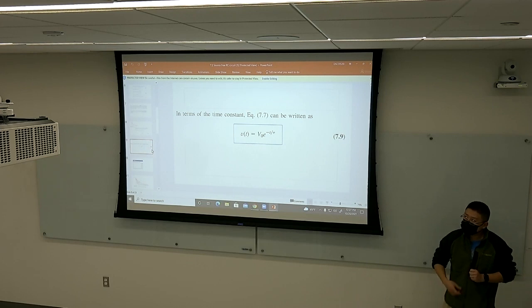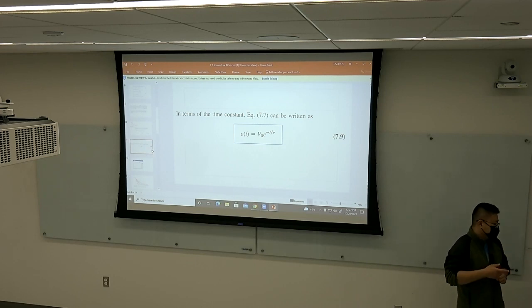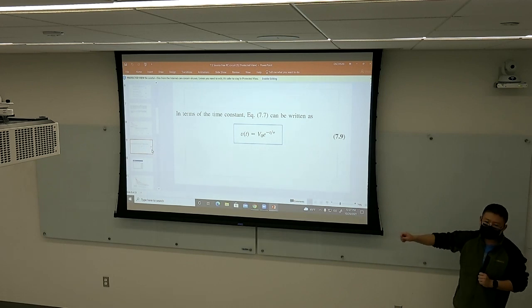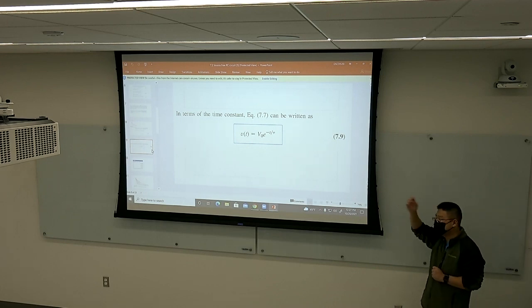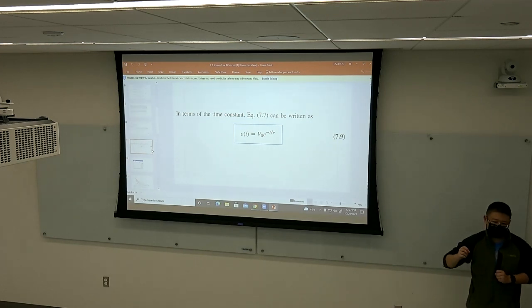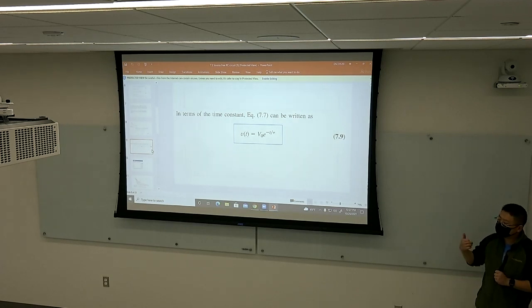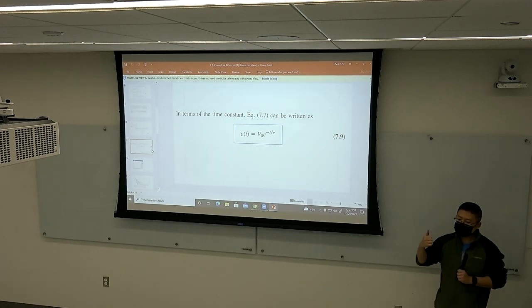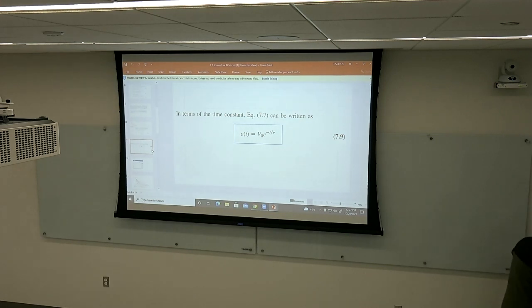Similarly, today we will discuss the RL circuit. For the RC circuit, we calculate the capacitor voltage because the capacitor voltage cannot change instantaneously. Here in the RL circuit, we calculate the inductor current because the inductor current cannot change instantaneously.